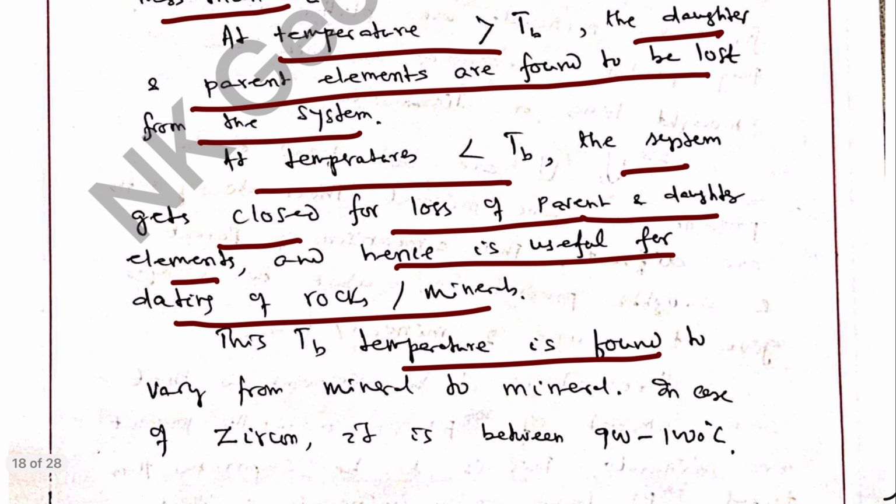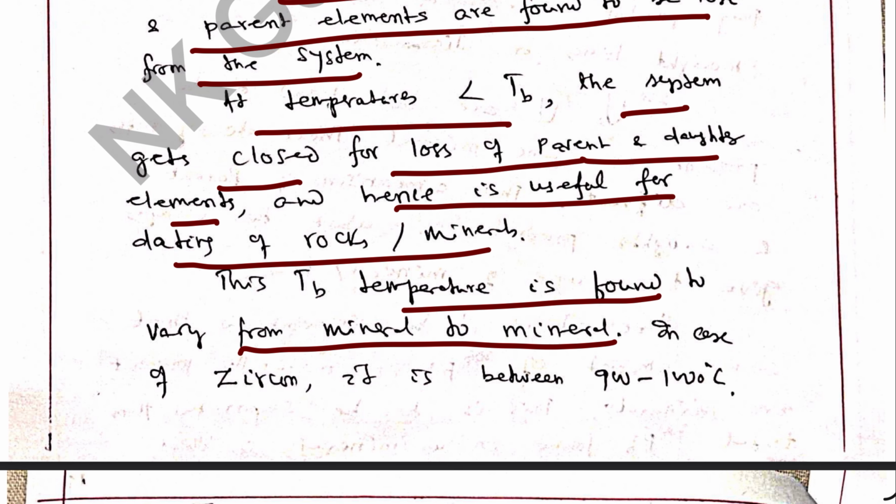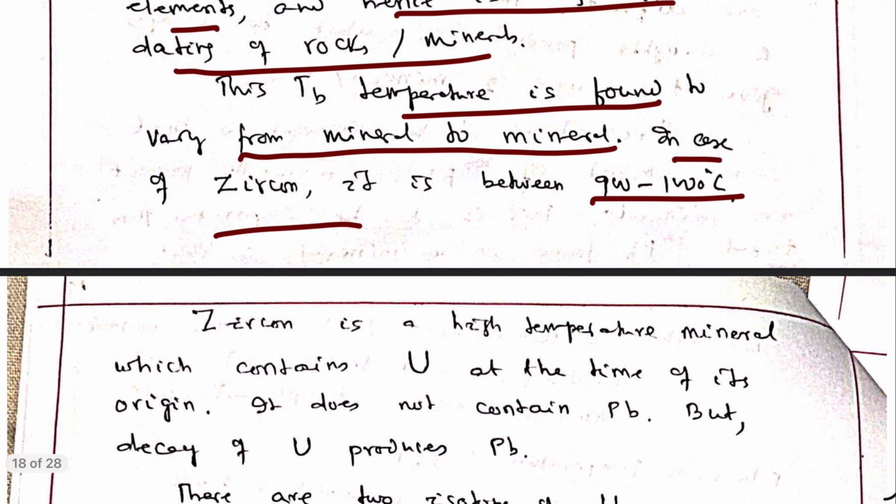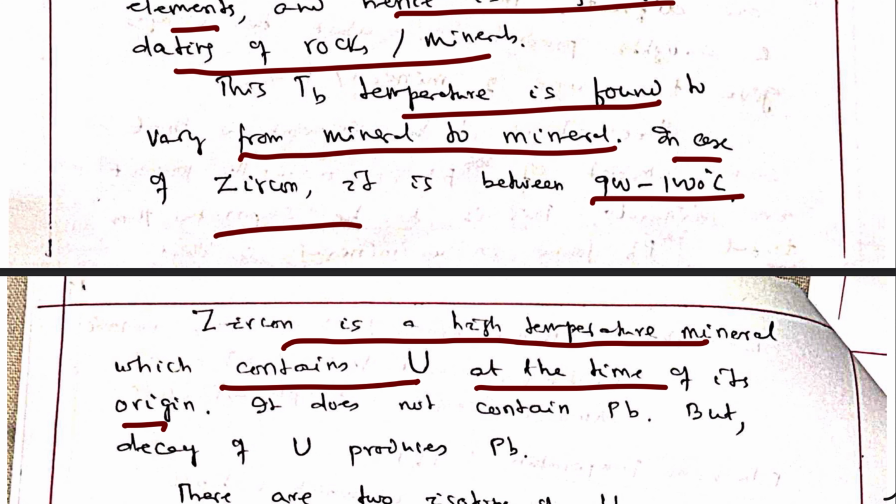This Tb temperature is found to vary from mineral to mineral. In case of zircon, it is 900 to 1000 centigrade. Zircon is a high temperature mineral which contains uranium at the time of its origin.